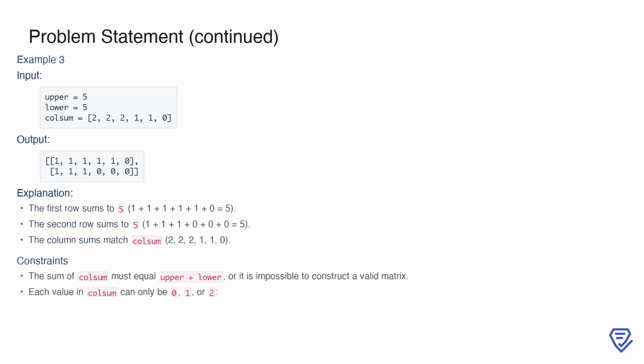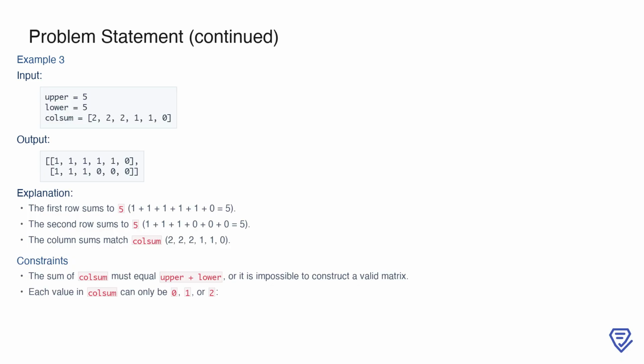Now, consider another example where a valid matrix can be constructed. If the inputs are upper equals 5, lower equals 5, and colsum equals 2, 2, 2, 1, 1, 0, one possible solution is the matrix 1, 1, 1, 1, 1, 0, 1, 1, 1, 0, 0, 0.